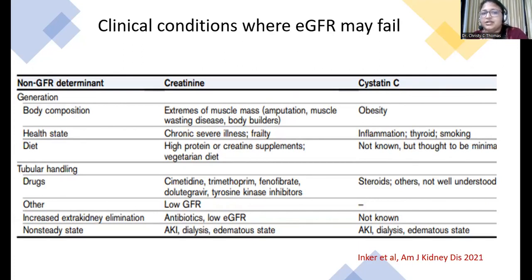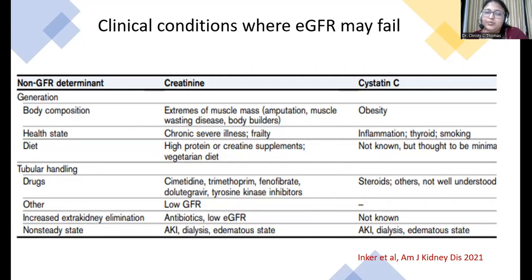In these conditions, the estimated GFR calculated by creatinine may not be representative of the true GFR. For cystatin C: in case of obesity, inflammation, thyroid disorder, smoking, steroid use, in these scenarios, the estimated GFR calculated from cystatin C may not be representative of the true GFR.